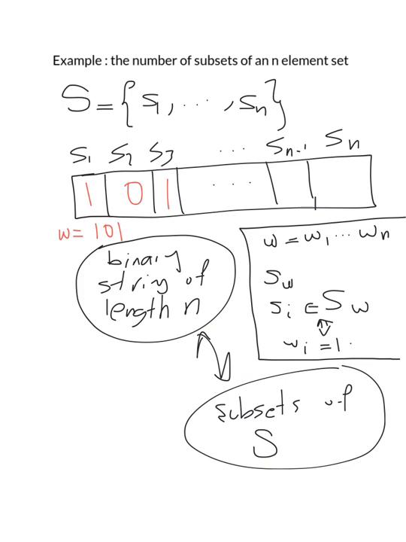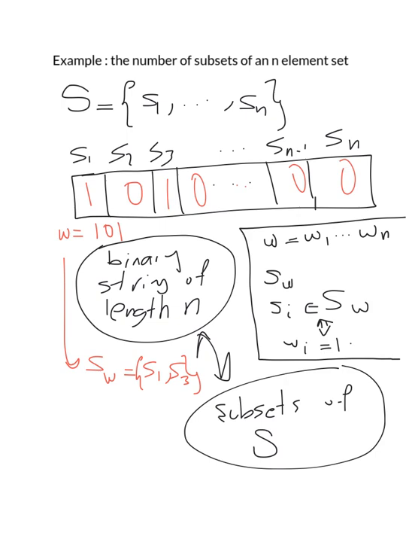So in this case, S sub W will be the subset S1 and S3. And we can extend it by saying that everywhere else is 0, and then we can think of it as actually a subset of S.